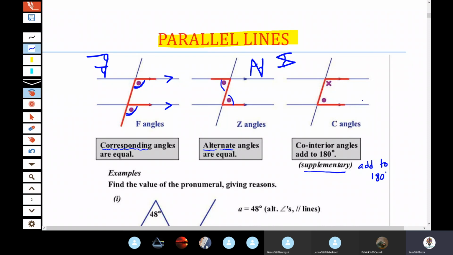So that means the dot plus the X equals 180 degrees. So co-interior angles are not equal to each other. All right. F angles, corresponding, Z angles, alternate, C angles, co-interior.